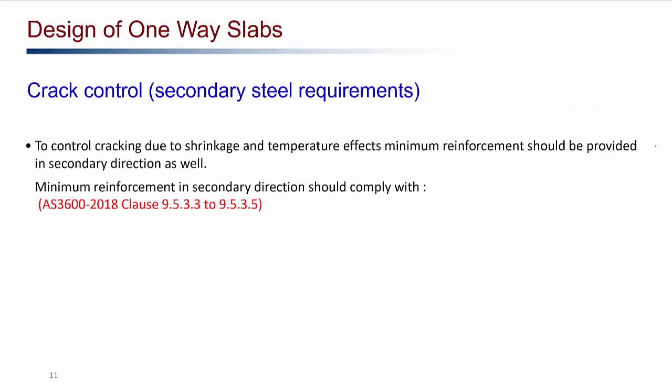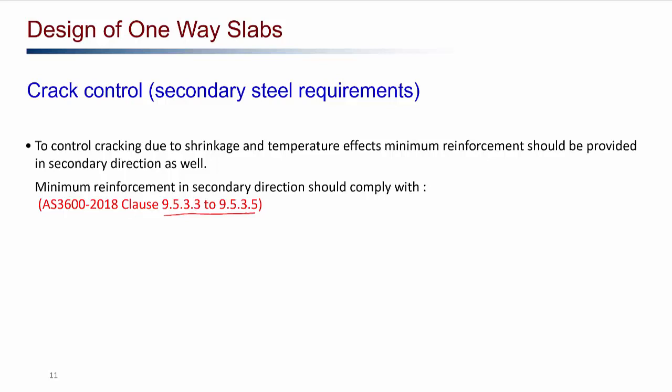So looking at the slabs here, for the secondary steel that we are providing perpendicular to the direction of span, we have to make sure that we are providing adequate steel to control the cracking due to shrinkage and temperature effects. So it is governed by clause 9.5.3.3 to 9.5.3.5 based on their restriction conditions for the slabs.